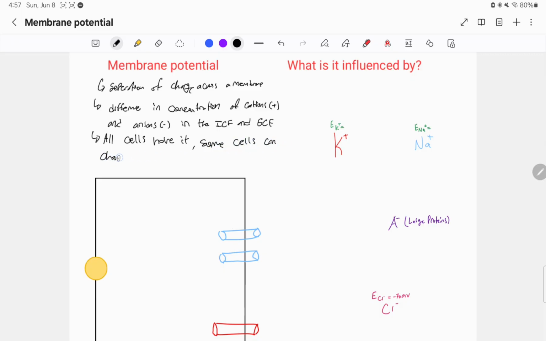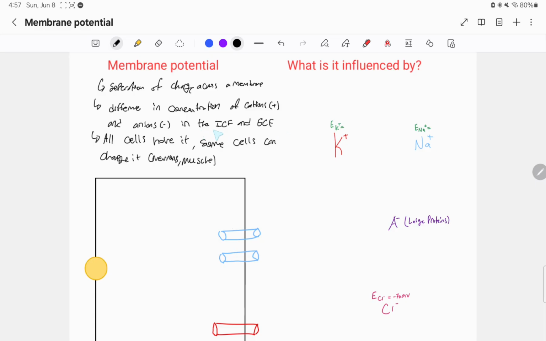And that's what the next two videos will be about: graded potentials and action potentials, which are really just us changing our membrane potential. The cells that can change it are things like neurons and muscles. You'll see that we have three different types of muscles: the cardiac, the smooth, and the skeletal muscle. All three of them have the ability to change their membrane potential. And of course, neurons can do it as well, which is what we're going to talk about.